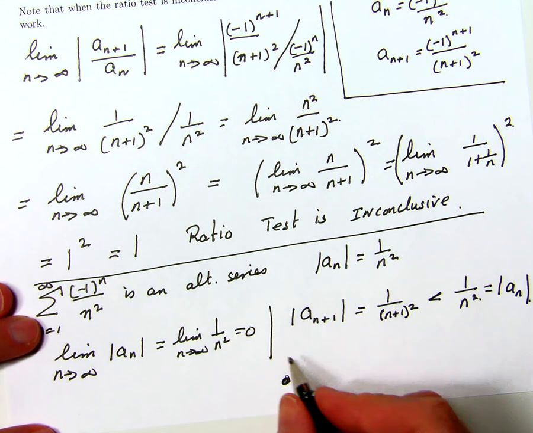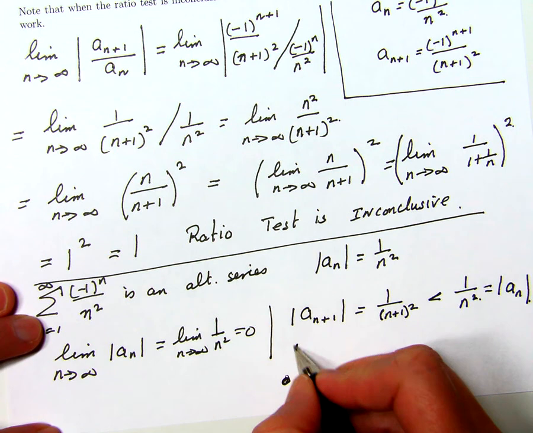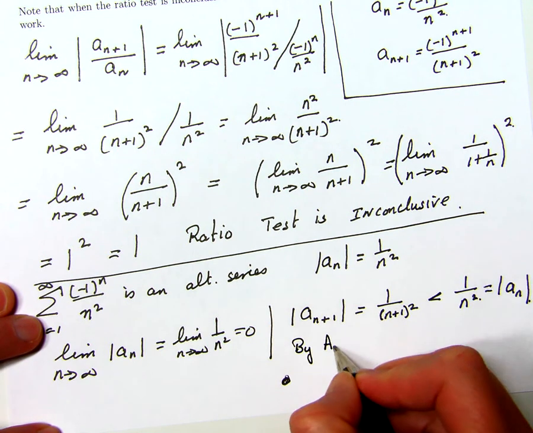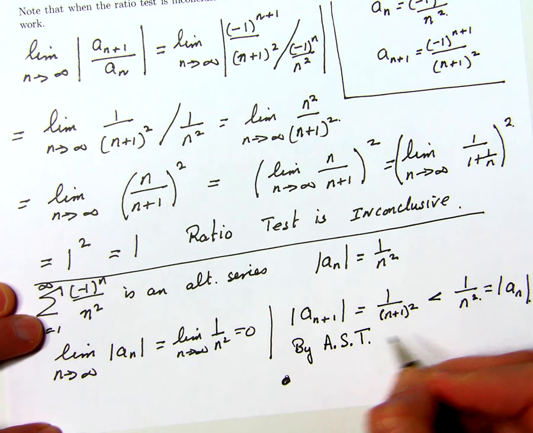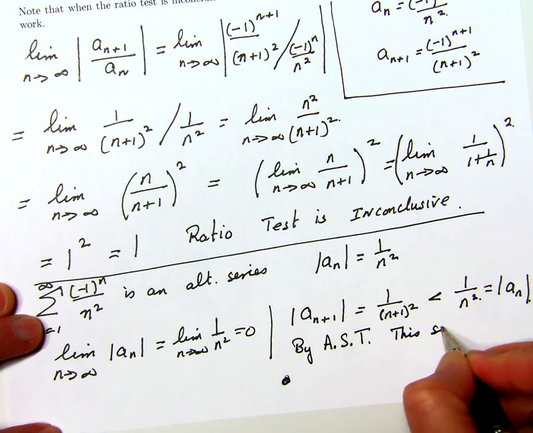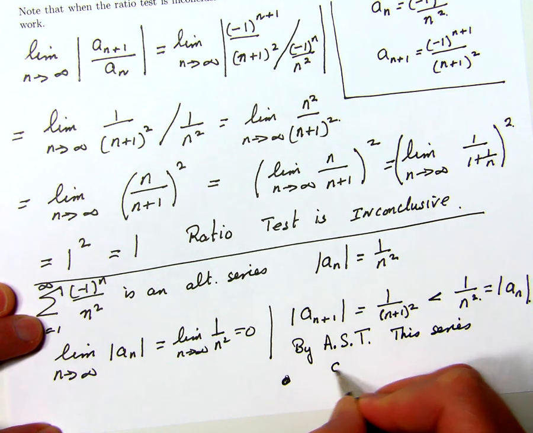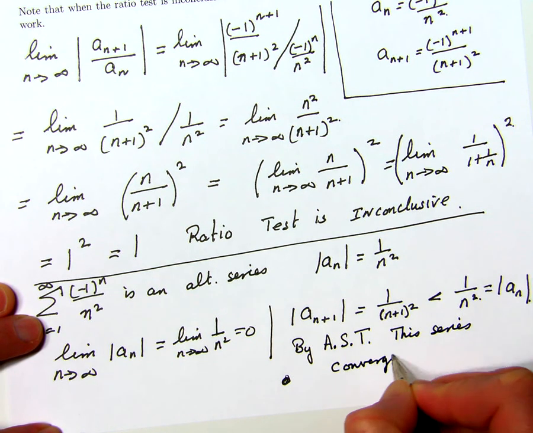So we have the absolute values are decreasing, and so by the alternating series test, this series converges.